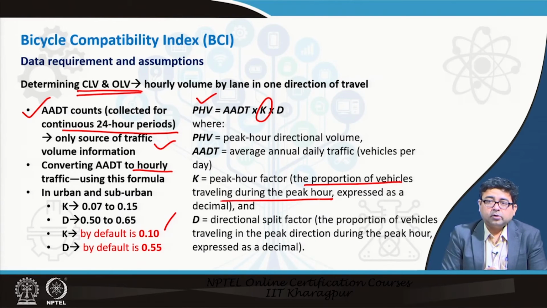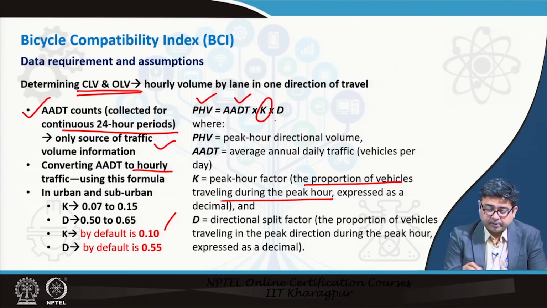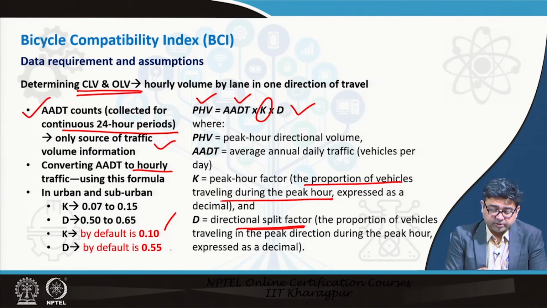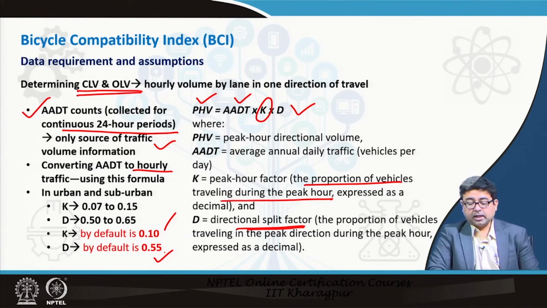You always are worried about peak hour traffic, and that is the traffic volume for which you usually design facilities or measure any measures of effectiveness. So, if you know the AADT, you multiply that with the peak hour factor and the directional split. Again, the standard values for directional split are given here, 0.1 and 0.55, but it may be different for your street, and you can calculate that.